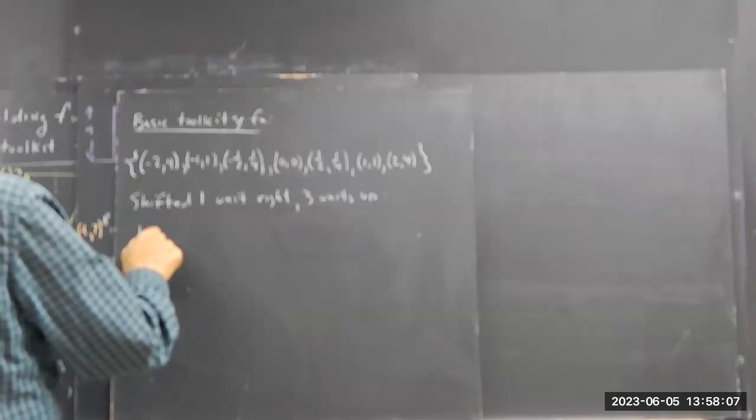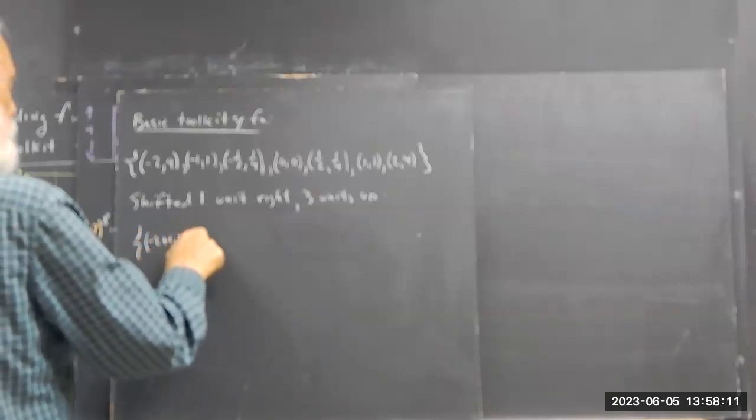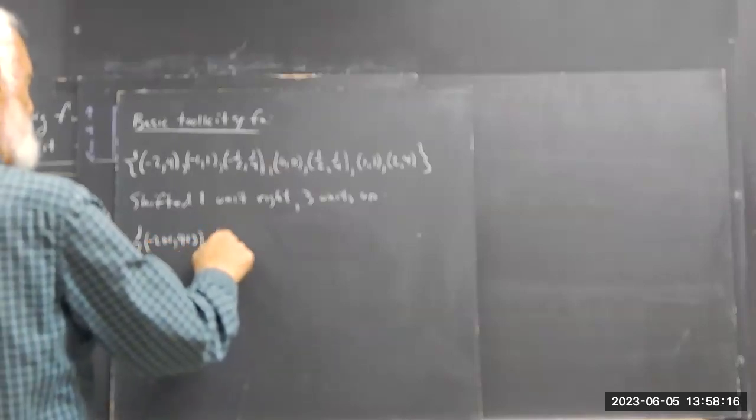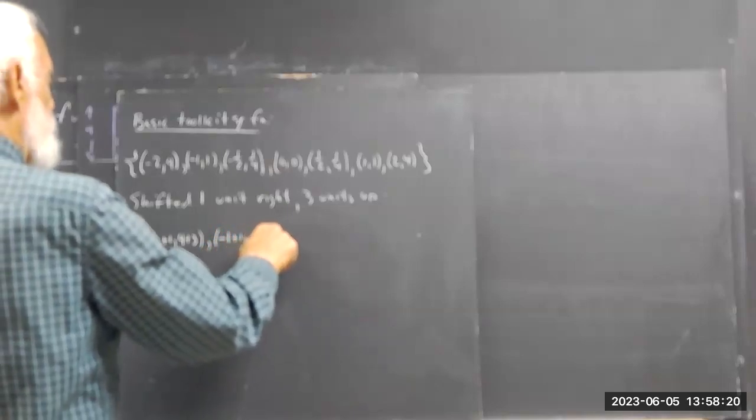Well, we get negative 2 plus 1, 4 plus 3. Negative 1 plus 1, 1 plus 3.